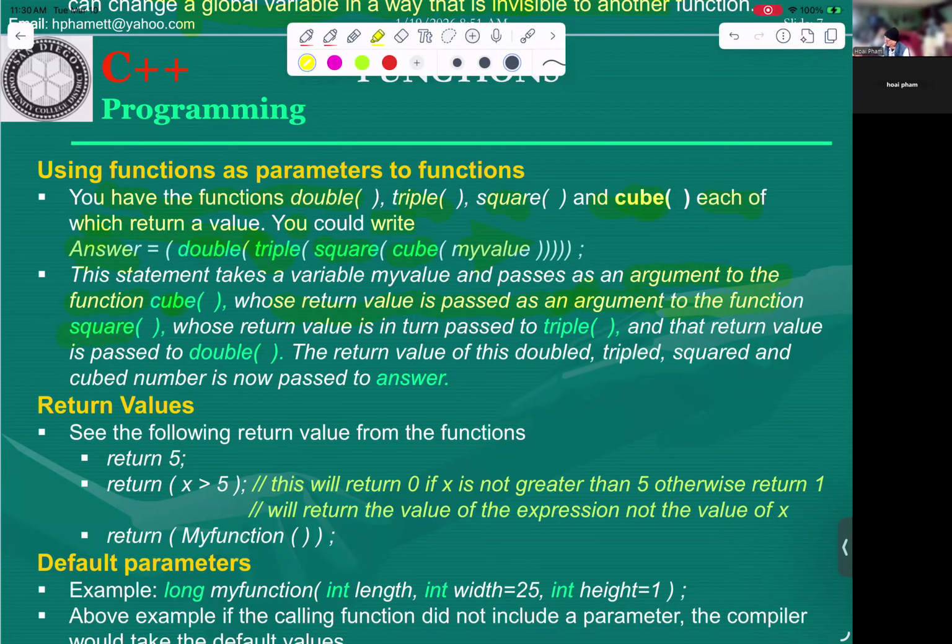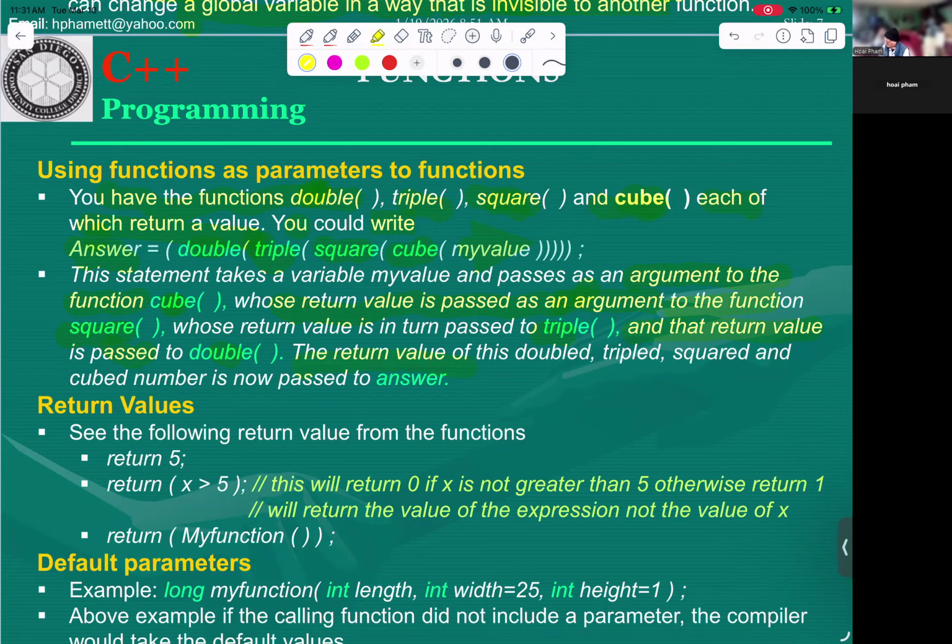After you go to the function cube, then they pass that value to square, whose return value in turn is passed to triple, and that return value is passed to double.